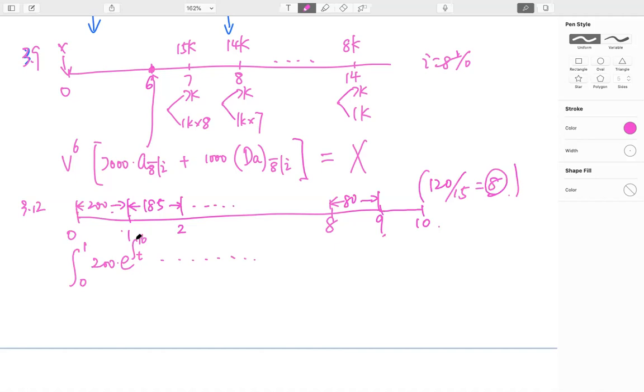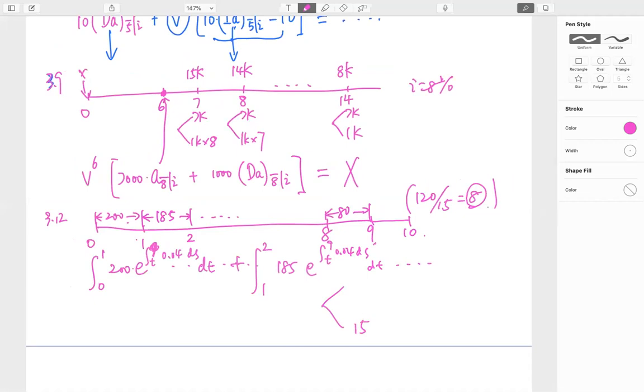Okay, so let's do a timeline. So this is for the first payment, 0.04 ds dt, right? And then you can add the second payment, until the very last one. But of course you can do the decomposition. It's very routine, right? You know the decrement is 15, so you start with the smallest one. So you know this is 65, right?